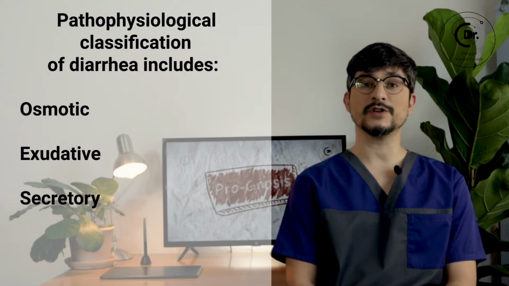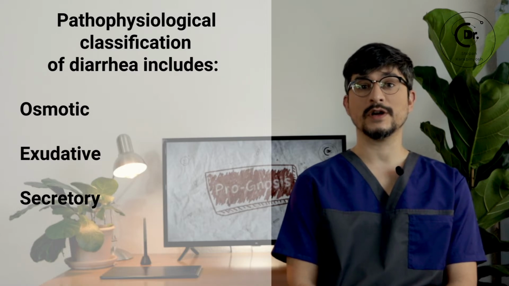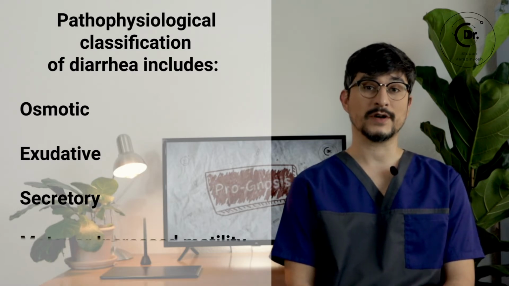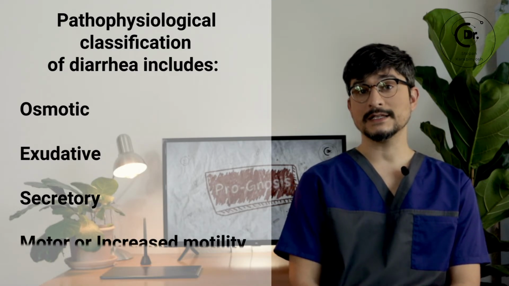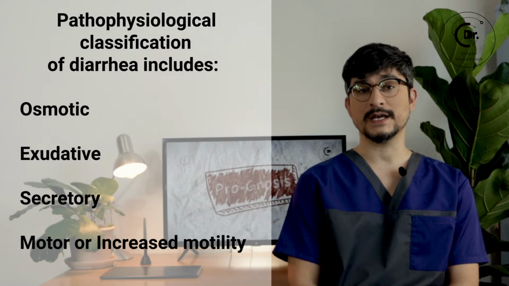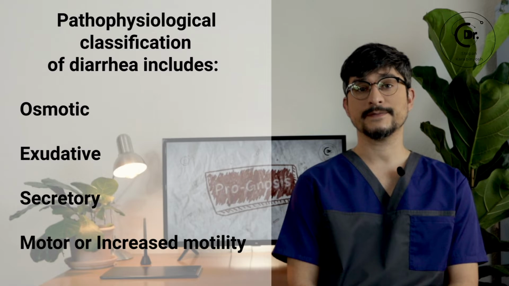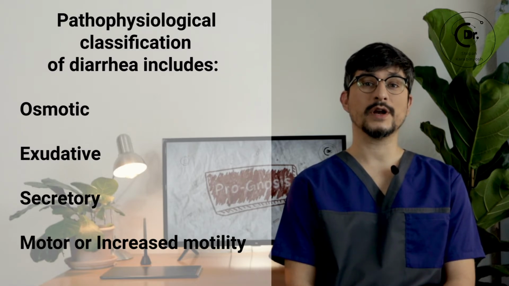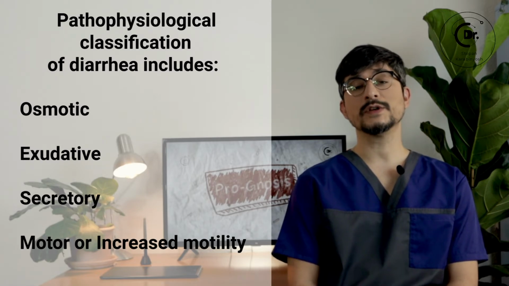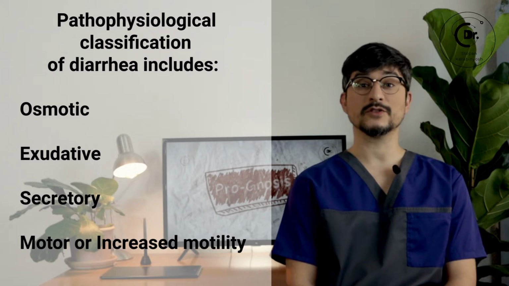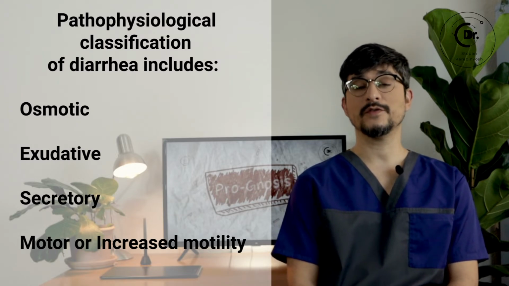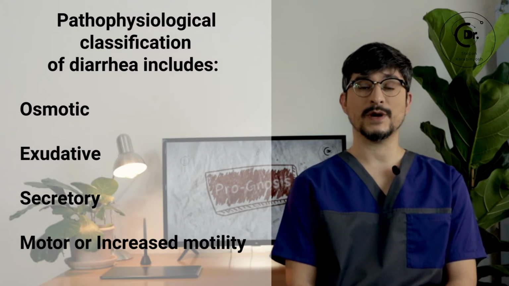Secretory, enhanced secretion of enterocytes, or in other words, activation of the chloride channels, which thus leads to outflow of water from the cells. It is usually induced by enterotoxins. Motor, or increased motility, increased peristalsis, which means increased bowel movement, and therefore it causes rapid passage of the bowel content.